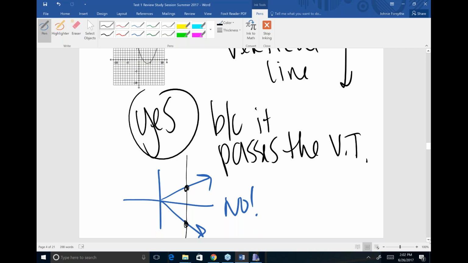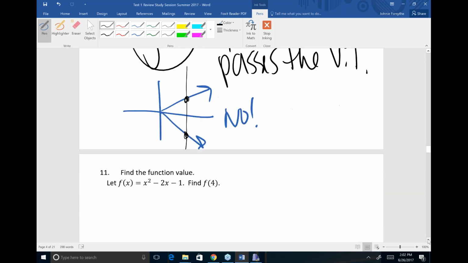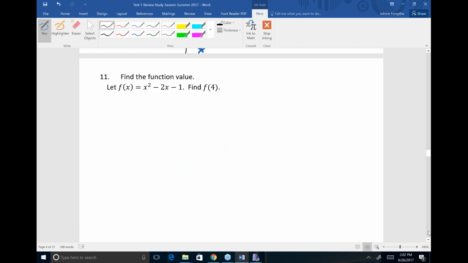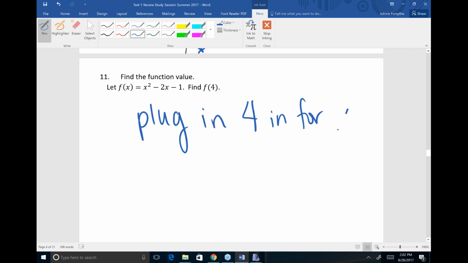All right. Let's see. Find the function value. This is function notation. This is just saying you're going to plug in 4 for x. So everywhere you see x, you would put a 4.